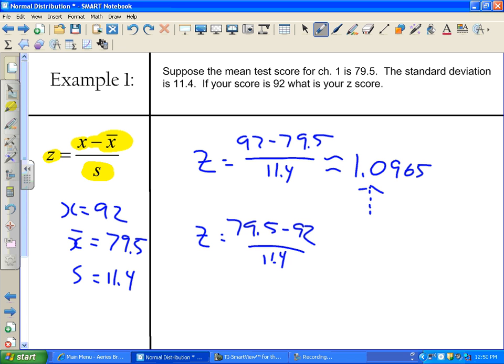So this z-score will come out to be negative, which will tell you you're below average. But if I scored a 92 and the average is 79, that can't make sense. This is part of making sure that your actual output matches with what you know should be true as described in the situation. Does that make sense? We call that number sense, basically.